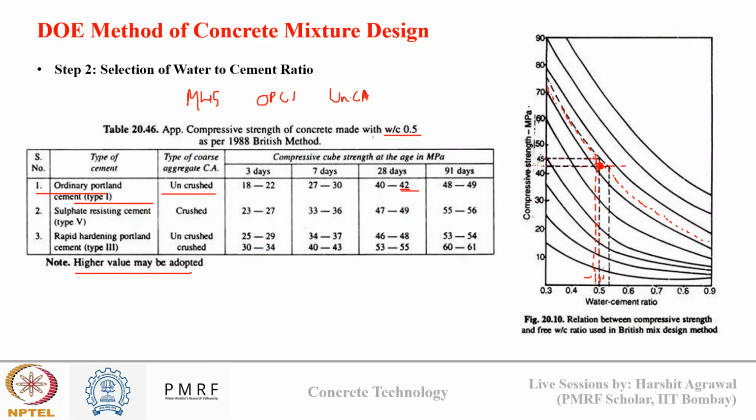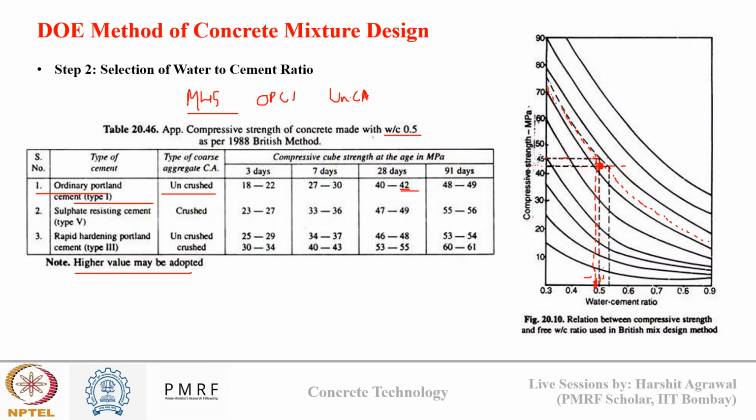So we know for 42 MPa I am getting it at 0.5 W by C ratio. So I will first draw a horizontal line and a vertical line through 42 and 0.5 to find where they are intersecting. From that intersecting point I will draw a parallel curve, and on that parallel curve for the strength that I want, I will find the point of intersection with that curve, and I will backtrack it to the bottom to find the W by C ratio.